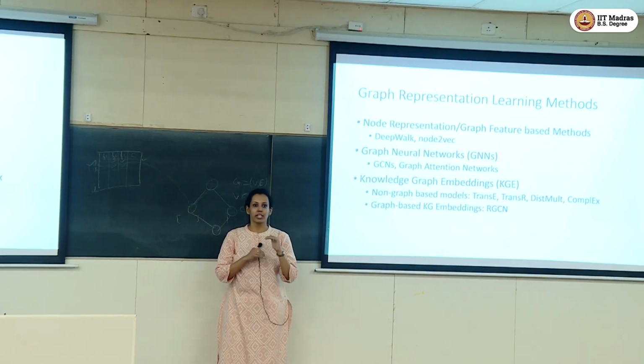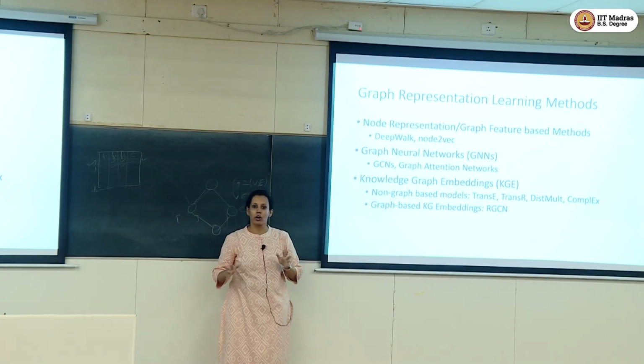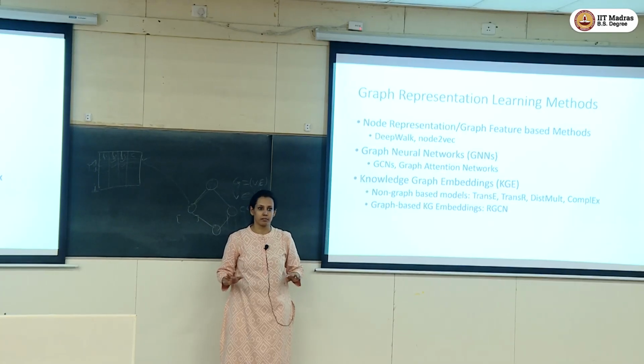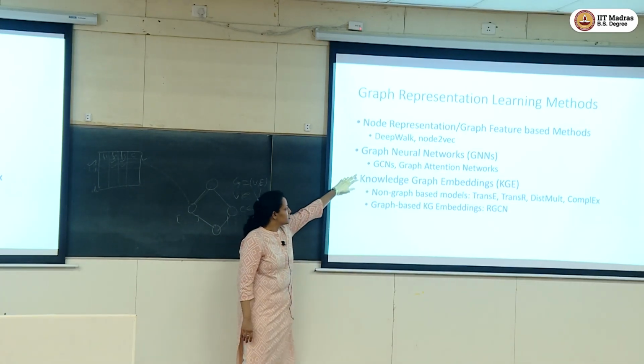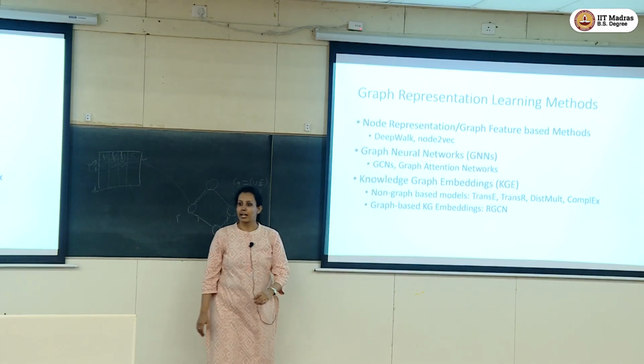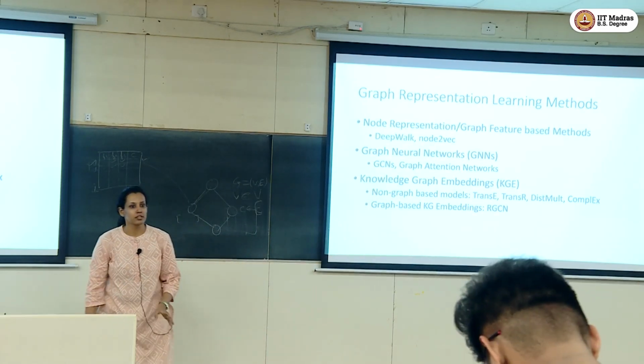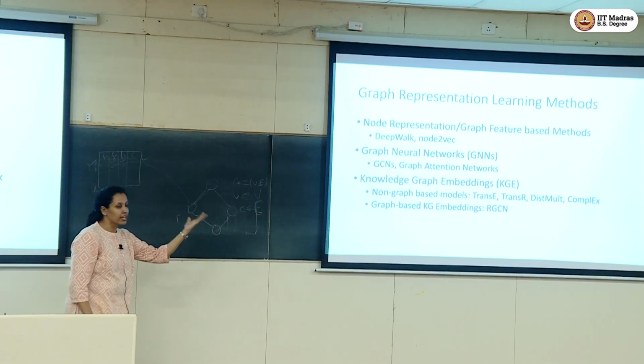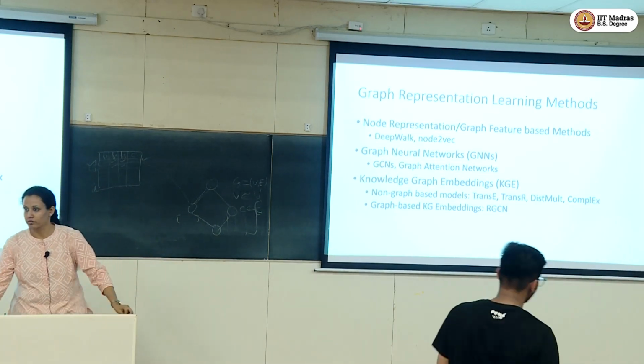So initially these models came in which were not leveraging any graph structure. Then after GCN, there was something called relational GCN, which was made specifically for knowledge graphs. This was introduced, and it performed better than the non-graph models.